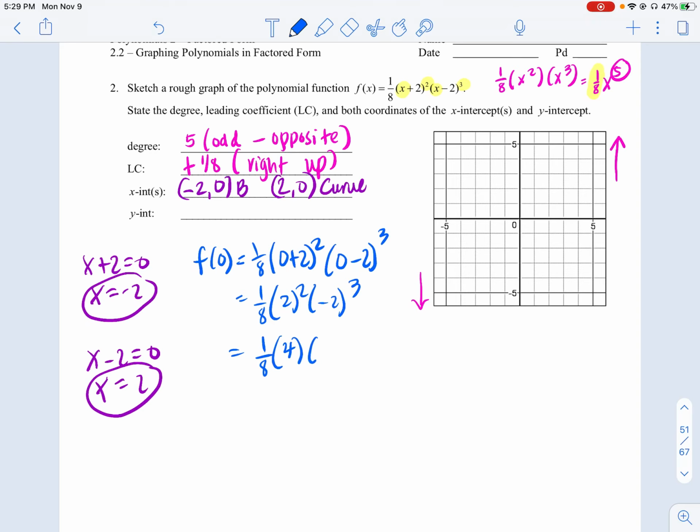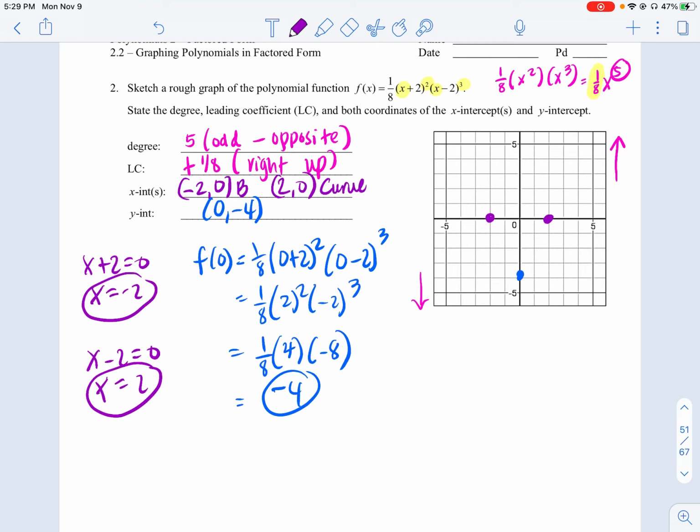Negative 2 cubed means negative 2 times negative 2 times another negative 2. That's a negative 8. All together, 32 divided by 8 is negative 4. So we have 0, negative 4. Oh, I forgot to write down the x-intercepts as I went through each of them. So I have a negative 2 and a positive 2.